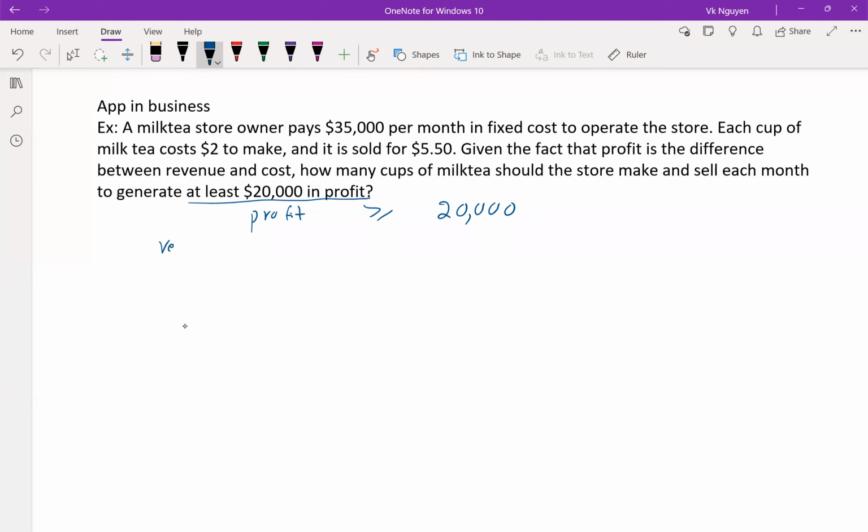Profit is revenue minus cost, greater than or equal to 20,000. Revenue is price times quantity. Cost is fixed cost plus variable cost.